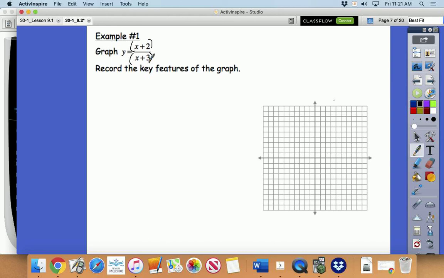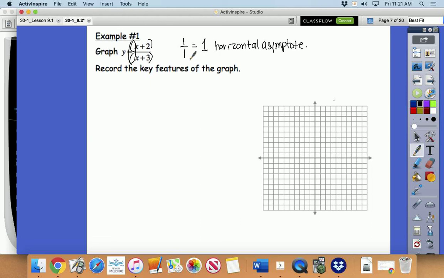It's not really necessary because here I can look at the horizontal asymptote. If I just divide those two leading coefficients together, 1 over 1, I know that 1 is my horizontal asymptote. So that's true if the degrees are the same on the top polynomial and the bottom polynomial.